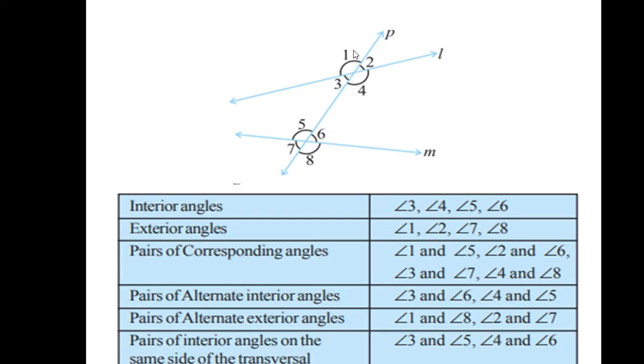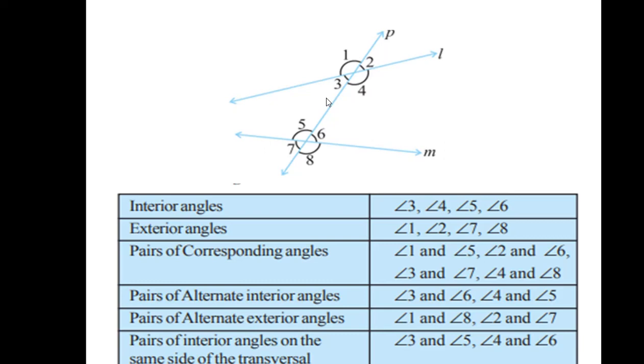And interior means, as I already told, in between the two lines. So 6 and 3 are alternate interior angles, and 4 and 5 are alternate interior angles.